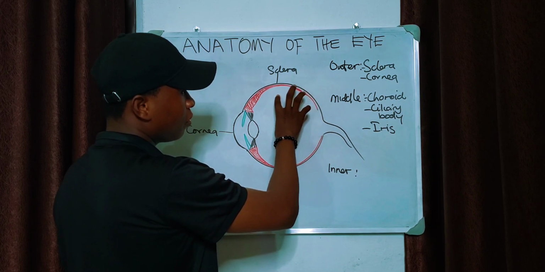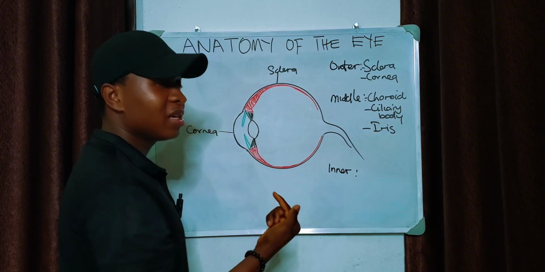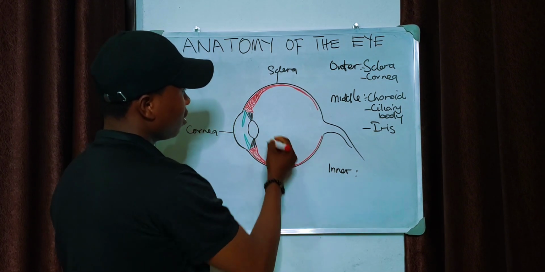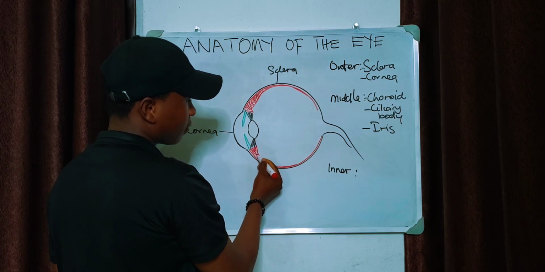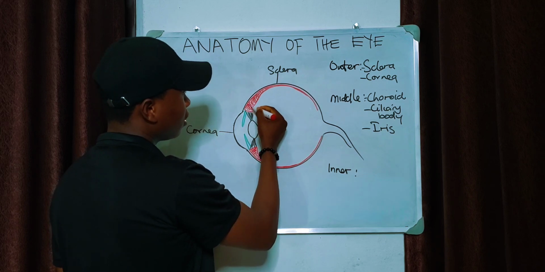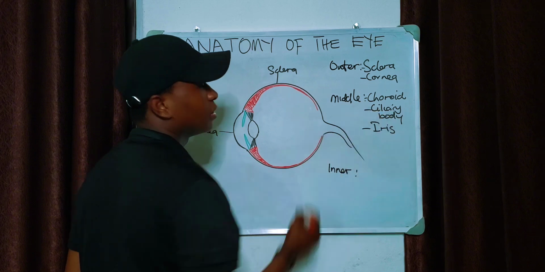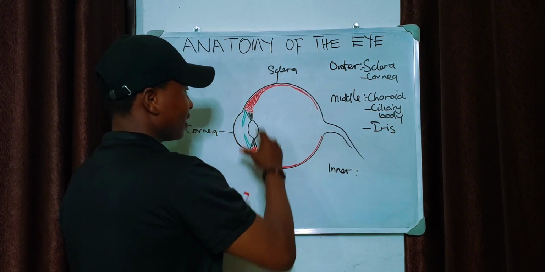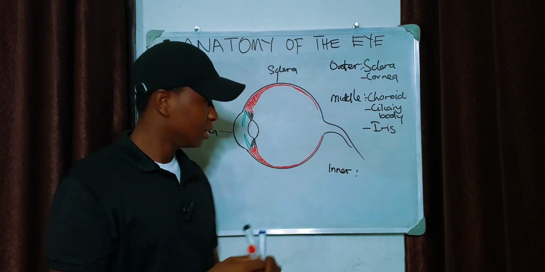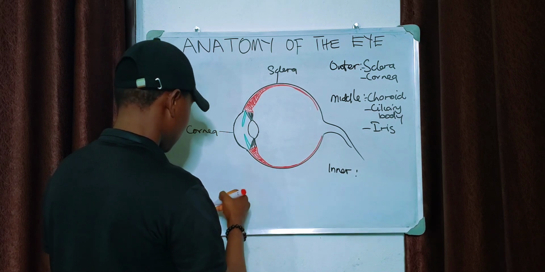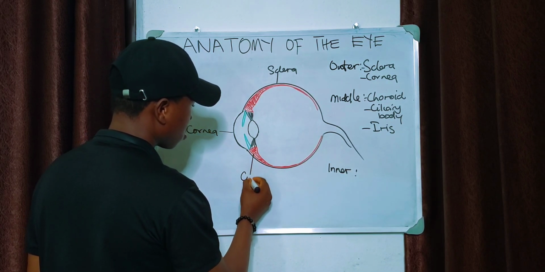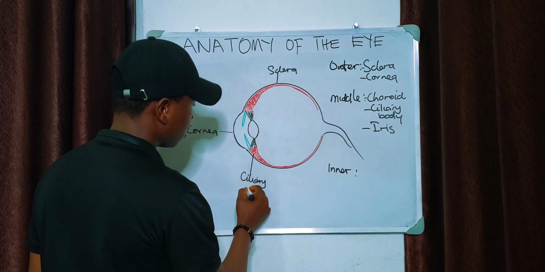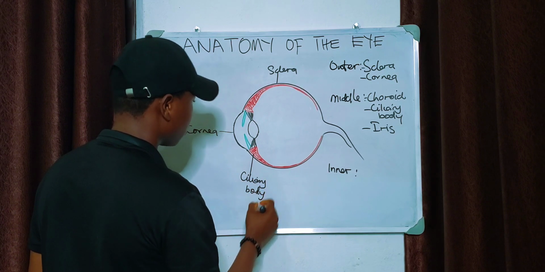Okay, now you would notice that from the posterior part of the eyes, as the choroid is moving towards the anterior part of the eyes, it thickens at some points. So it thickens here. So this thick part is called the ciliary body. Okay, the ciliary body. So let's label that, ciliary body.